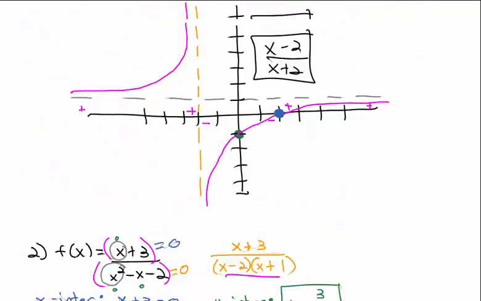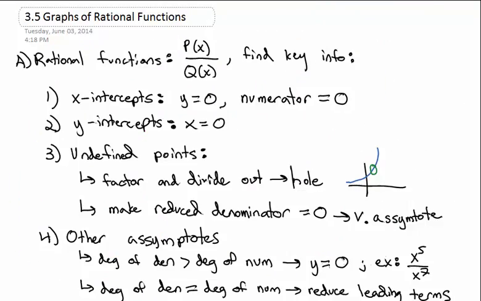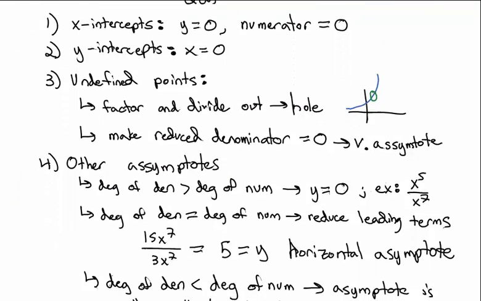So that's how we graph these rational functions. We find these 5 important pieces of information. First, we find the x-intercepts by making y equal to 0, or essentially the numerator equal to 0. Then we find the y-intercepts by making all the x's equal to 0. Then we find our undefined points. Generally, that's going to be a vertical asymptote, but sometimes it's a hole in the graph. Find our other asymptotes.